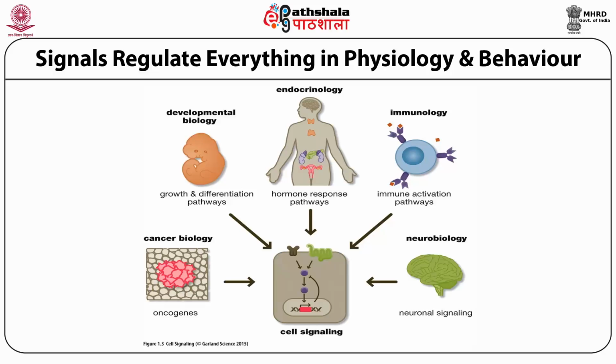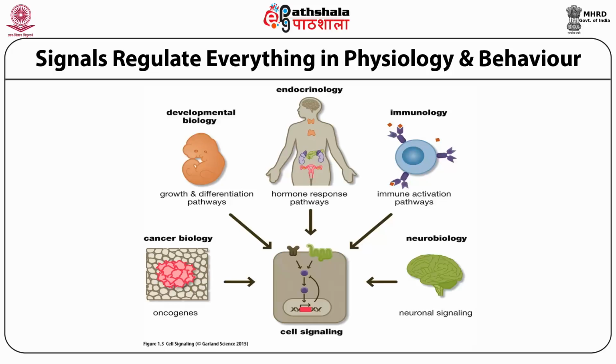Perhaps the biggest example is neurobiology, where neuronal signaling through neurotransmitters essentially controls all the rest of our physiology and behavior. Including in areas like cancer biology, we notice that defective signaling leads to such morbid states, or what we call diseases.